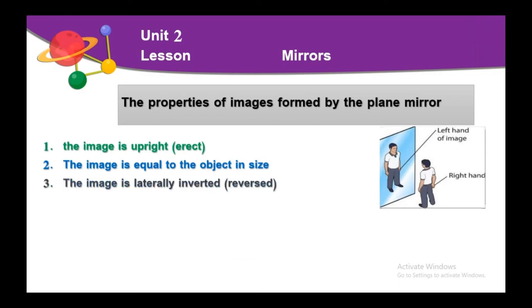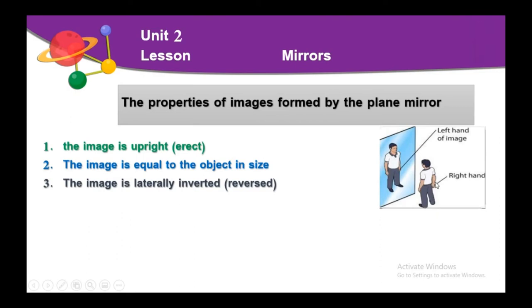Number 3, laterally inverted or reversed. What does this mean? It means the left hand, in fact, is the right hand in the mirror. The right hand, in fact, is the left hand in the mirror, as you see in the picture.